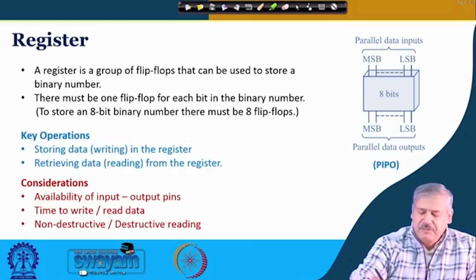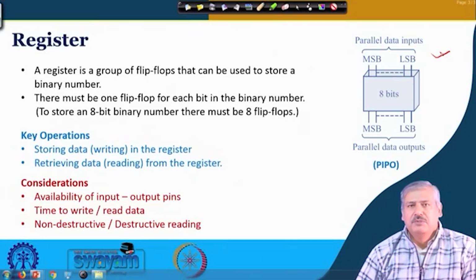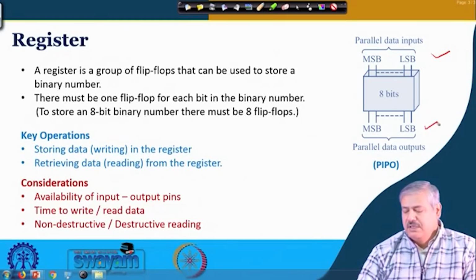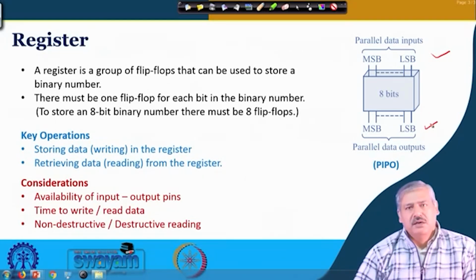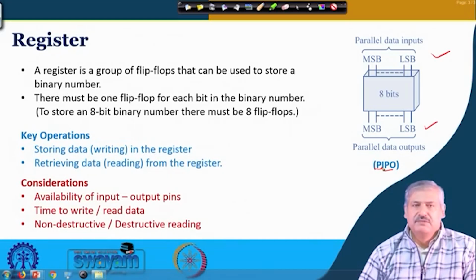The way we have seen it before is called parallel data input, and reading is parallel data output. So, in short, parallel input, parallel output, or PIPO. Okay. So, this we have already seen, and the data writing is done through clock trigger, of course, synchronous with the clock.